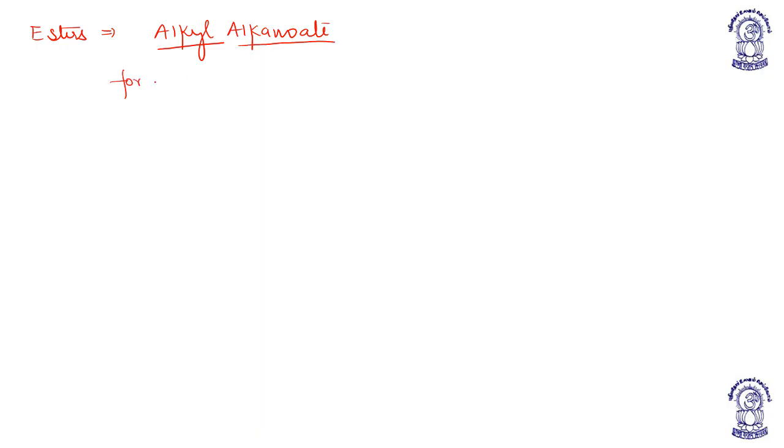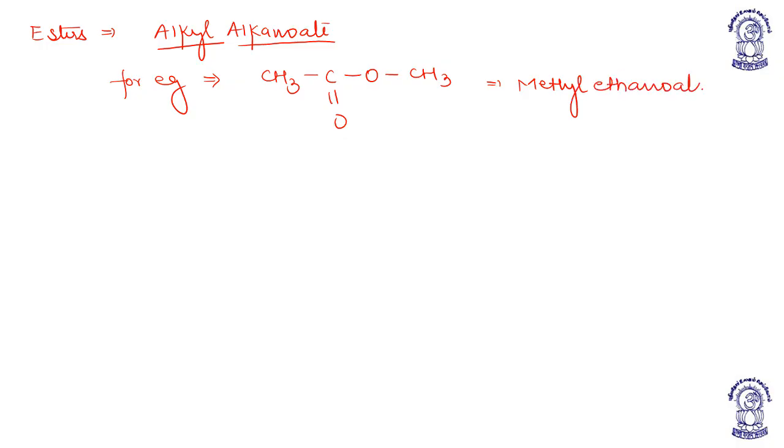For example, methyl ethanoate. The part which is coming from the alcohol is written first, and the main chain goes with the carboxyl part.